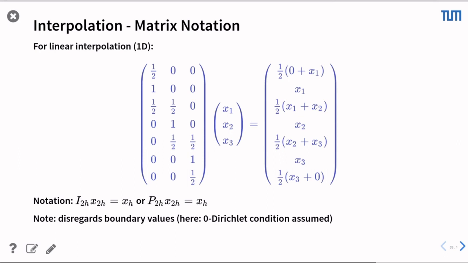We just take half of each of the points to the left and the right of it. Here there are zeros. Those zeros are just the nodal points where we have the Dirichlet boundary. And again, notation-wise, you'd use either this I for interpolation or P for prolongation. Yeah, that's how you'd write this.